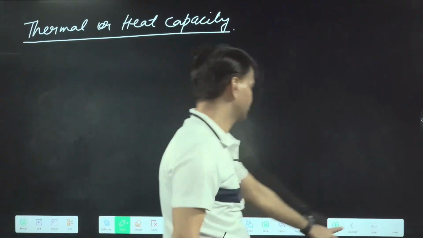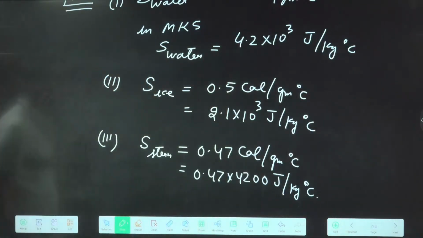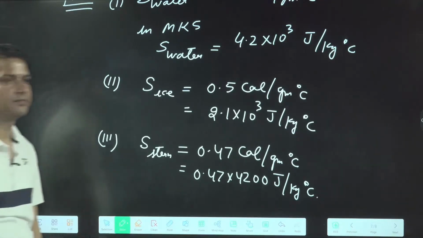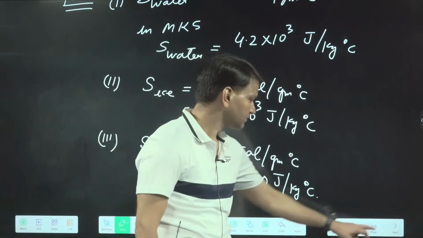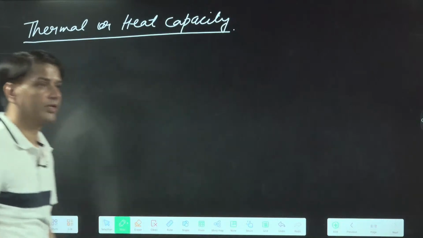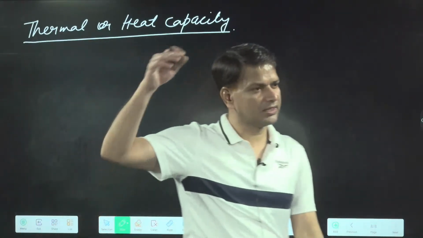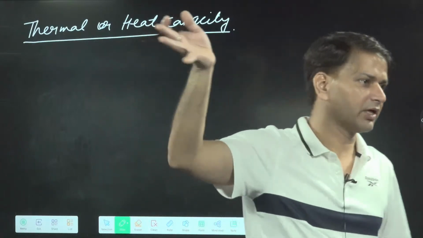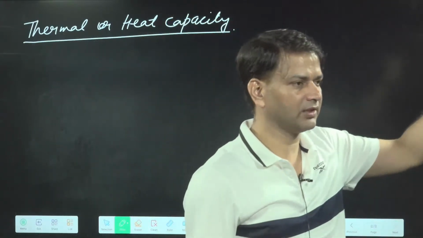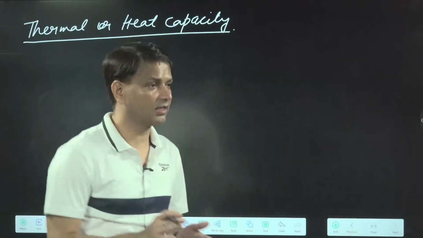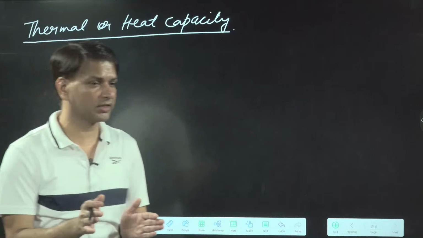So for the symbol, for specific heat capacity we use small s, and for thermal capacity we use the capital S. So heat capacity and specific heat capacity are different.